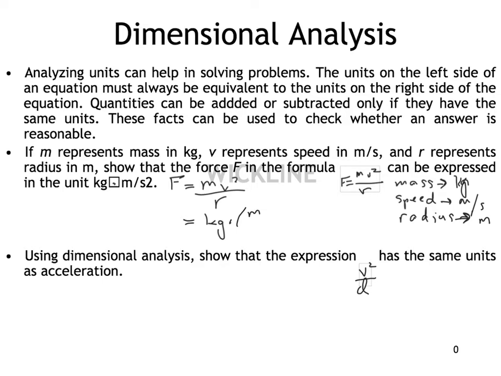So meters per second is a compound unit, and if you look up in the original, the V is squared. So that means that this whole compound unit needs to be squared, which is to say not just the m and not just the s, but both the m and the s are both squared. And then on the bottom, we're going to have, instead of radius, meters.